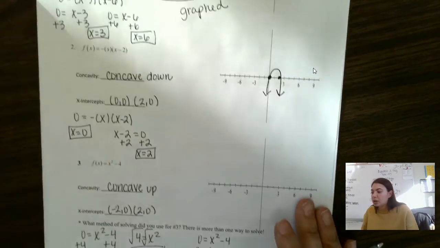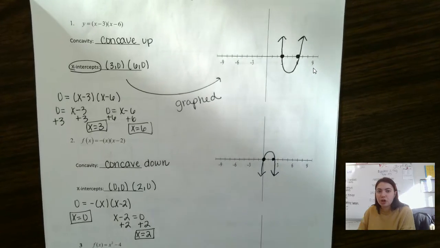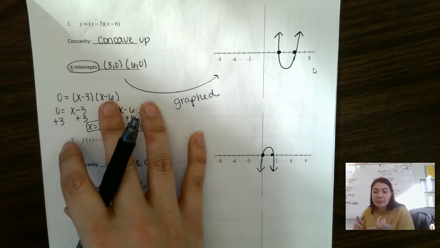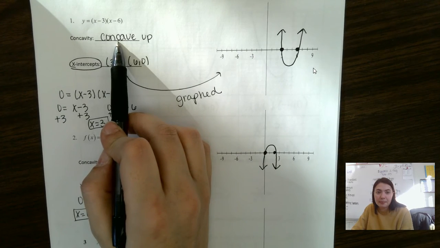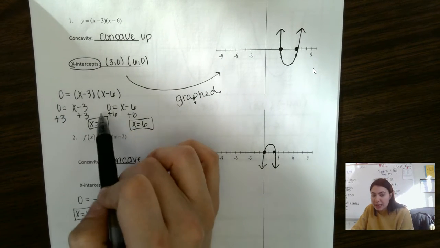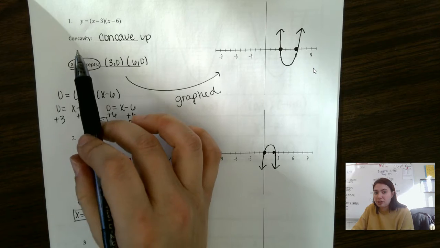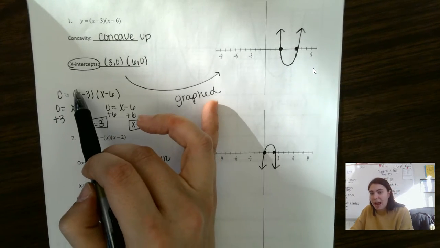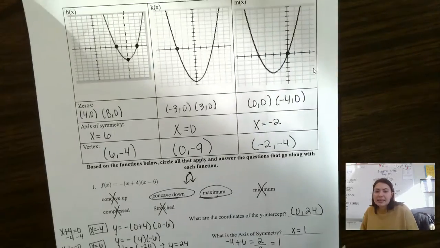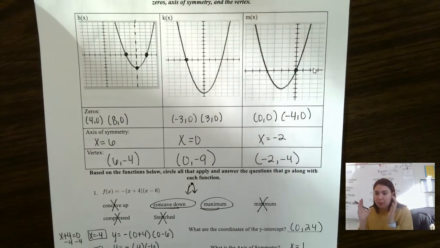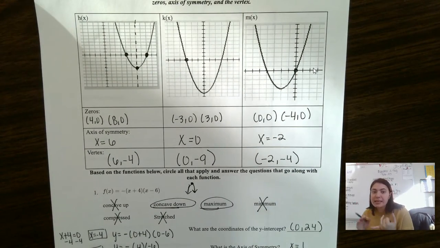We were able to take a look at the second page and make sure we really know the connection between having a positive or negative a value for your concavity, finding your solutions to an equation in factored form and seeing how they're graphed as x-intercepts. And then last but not least, we were able to work backwards with a parabola that's already given to us and label its zeros, label its axis of symmetry, and label its vertex.